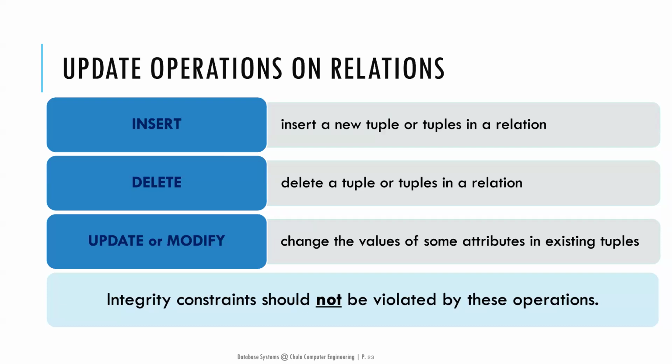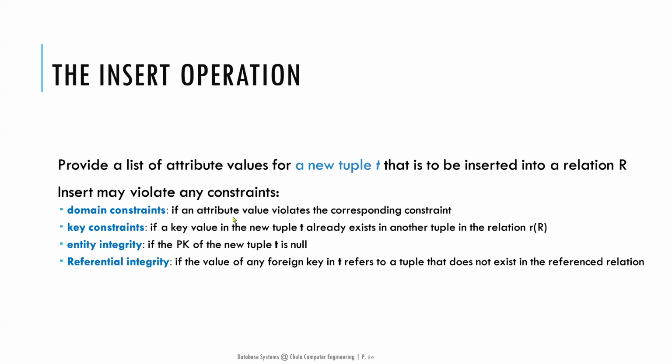Or if you modify the data such that you delete primary key values, or modify the primary key value to be null, then you also would violate the integrity constraint. So make sure that when you insert, delete or modify the data, it does not make the primary key null. All right?